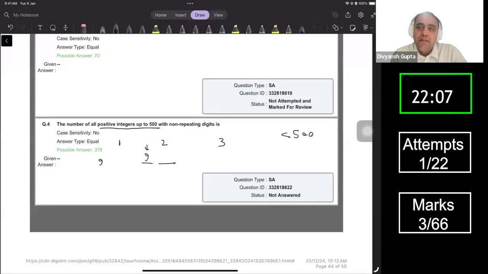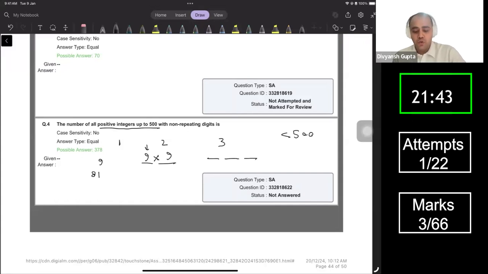In the unit digit, I will have the remaining 8 choices, which I get by subtracting 1 from the 9 choices that I had for the tens digit, plus a 0 is also allowed in the unit digit. So I will have 8 plus 1, that is 9 choices again. So 9 into 9, 81 choices I'm getting for a two-digit number. Now, this is where they want to trick you into making a mistake.